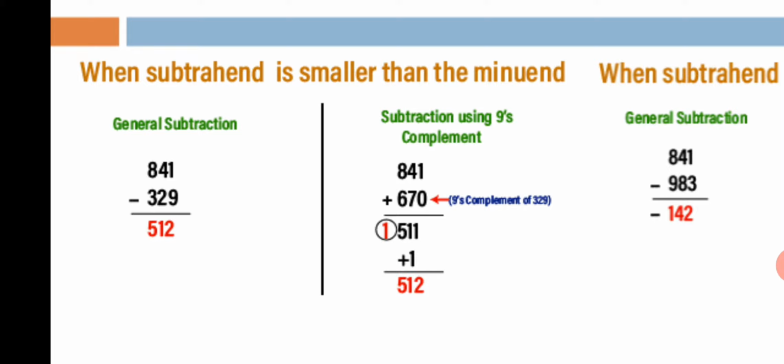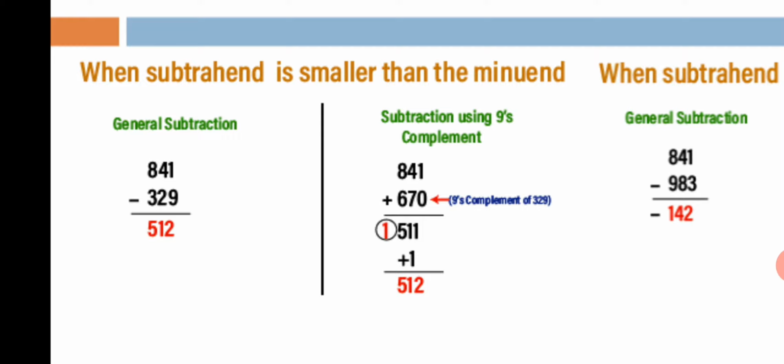So here, see 841. You can see the number has changed, and I will explain how exactly they have changed it. But 841, the minuend, you have to keep as it is. You have to convert your subtrahend to its 9's complement. Now how to convert the subtrahend to 9's complement? See, 329 becomes 670. How have they done it?